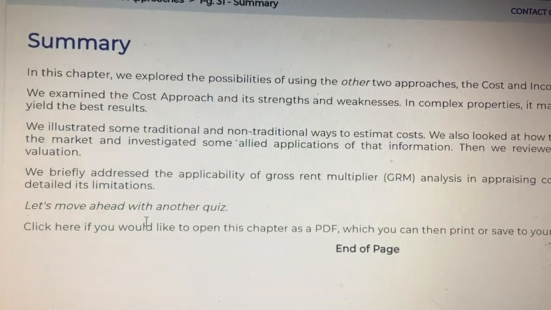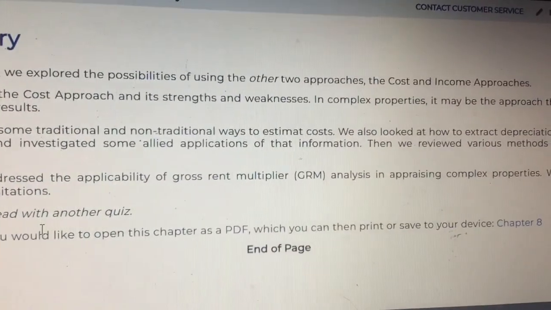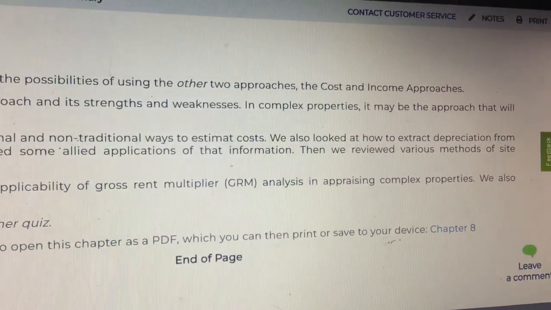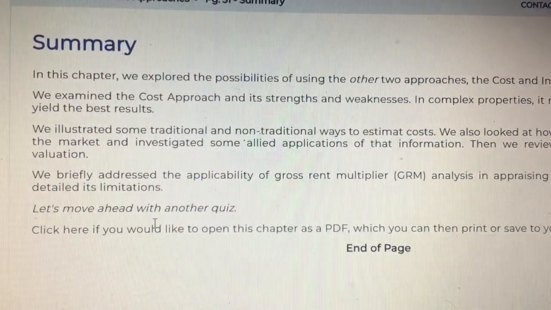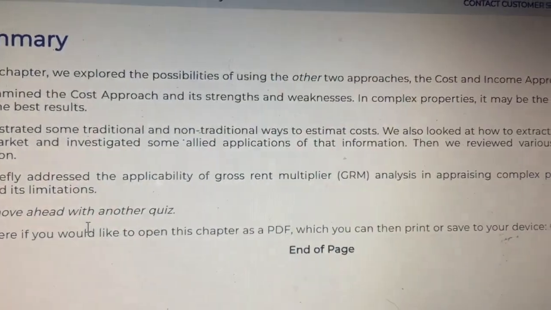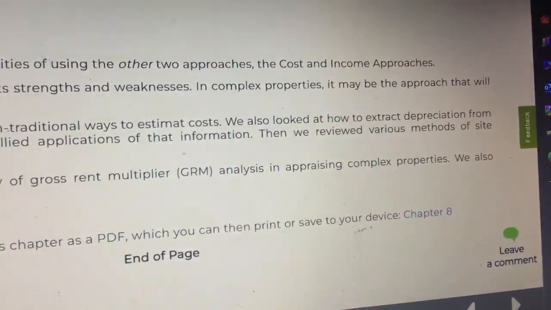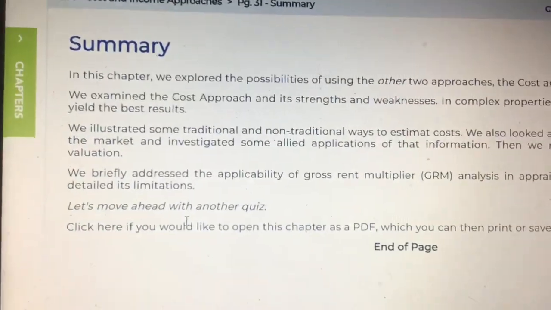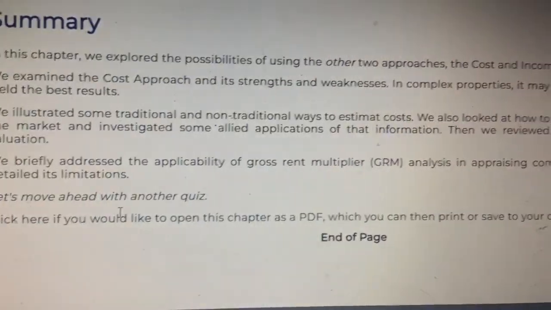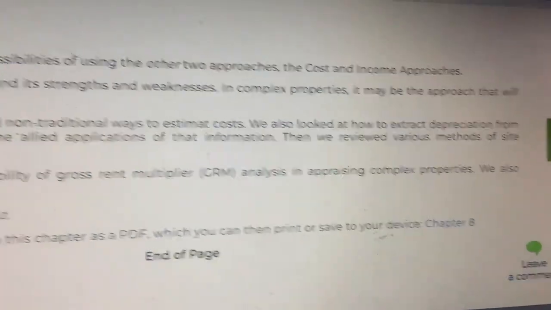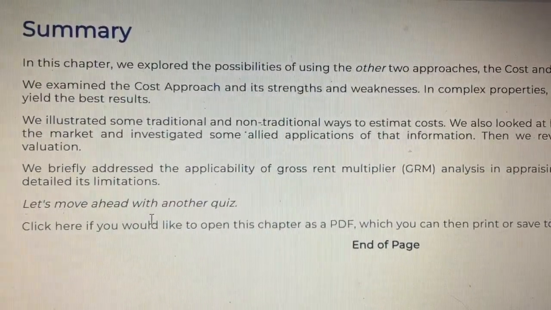We illustrated some traditional and non-traditional ways to estimate costs. We also looked at how to extract depreciation from the market and investigated some allied applications of that information. Then we reviewed various methods of site valuation. We briefly addressed the applicability of gross rent multiplier, GRM analysis, and appraising complex properties. We also detailed its limitations.